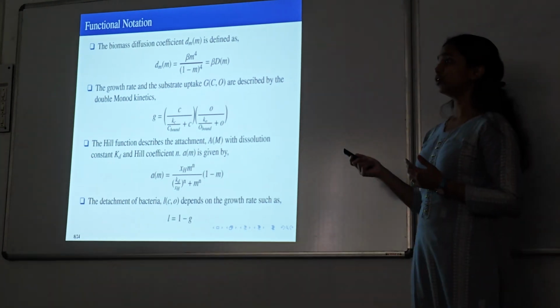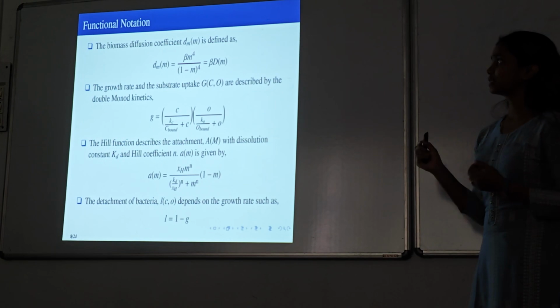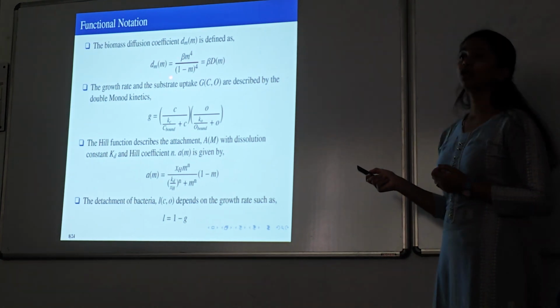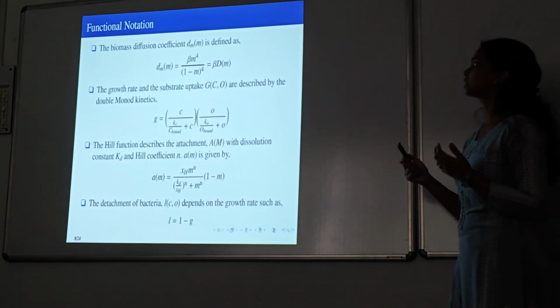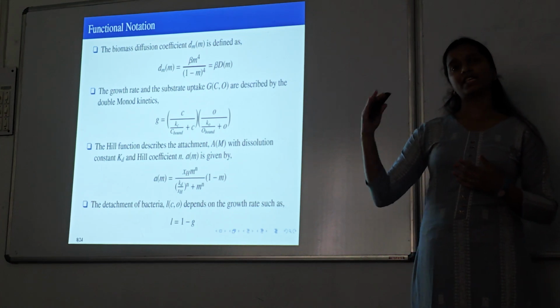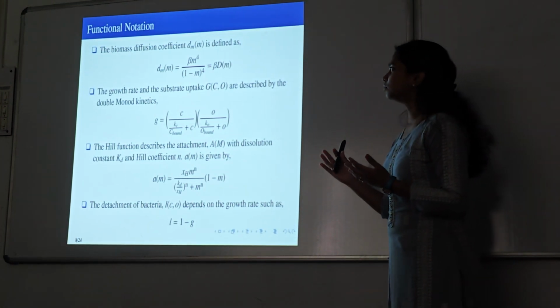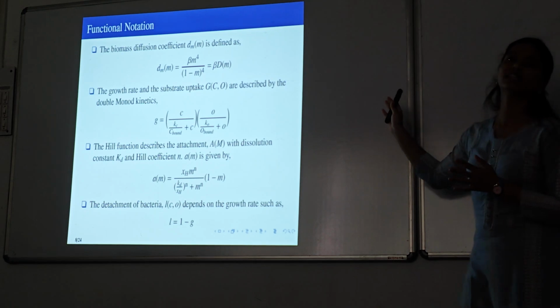So if M is 0, the biomass diffusivity is 0. It has a singularity. This is 1 here because of the non-dimensionalization, but this is actually for the dimensional version. It is saying that when the biofilm density reaches the maximum value, it reaches a singularity. We don't want that situation to happen.